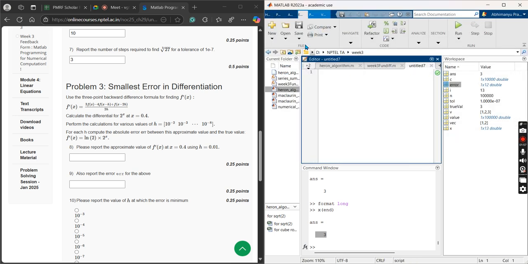Now I will just create a script. I need to perform the calculations for different h values, so let us just create an h vector.